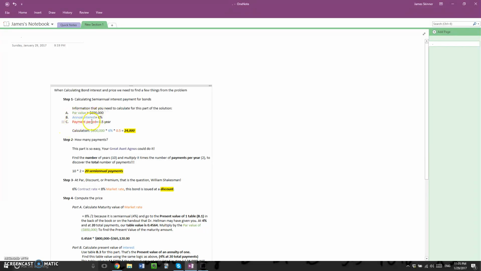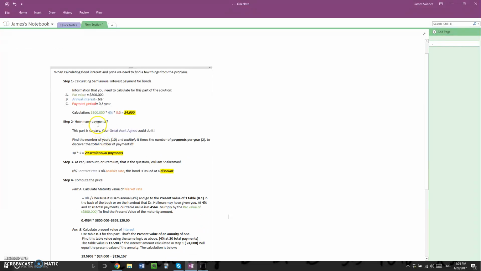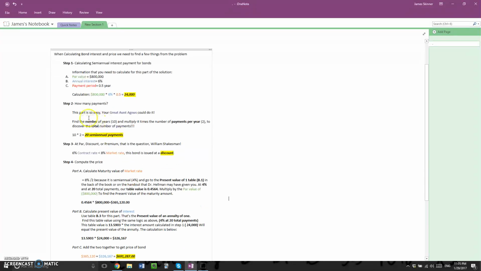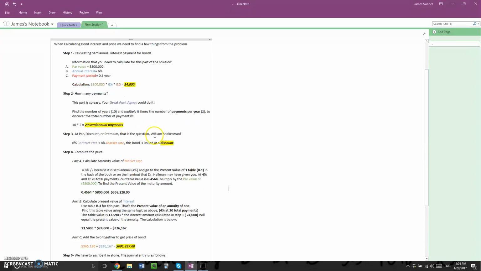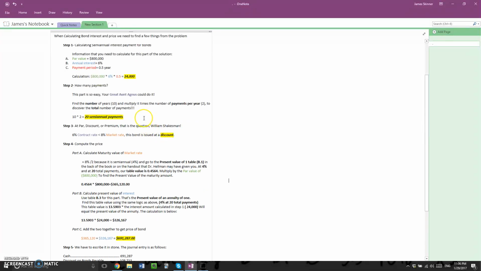You are going to need the annual interest, which is 6%, and you're going to need to know, additionally, the payment period, which is half of a year. So the calculation for this is 800,000 multiplied by 6% multiplied by 0.5 equals 24,000. So that 24,000 gives us our semi-annual cash interest payment.